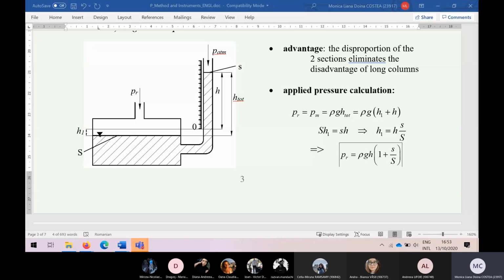Yes. Can you give us an answer? The question was, we want to use this apparatus to measure a vacuum pressure. What do we have to do? We need to have the liquid in the vertical tube. Otherwise, we cannot read the indication of the apparatus.